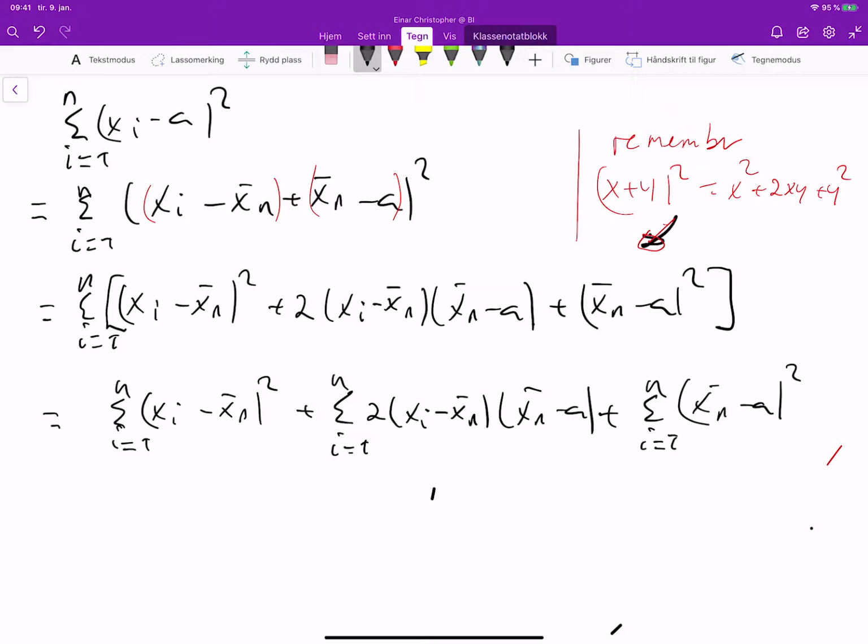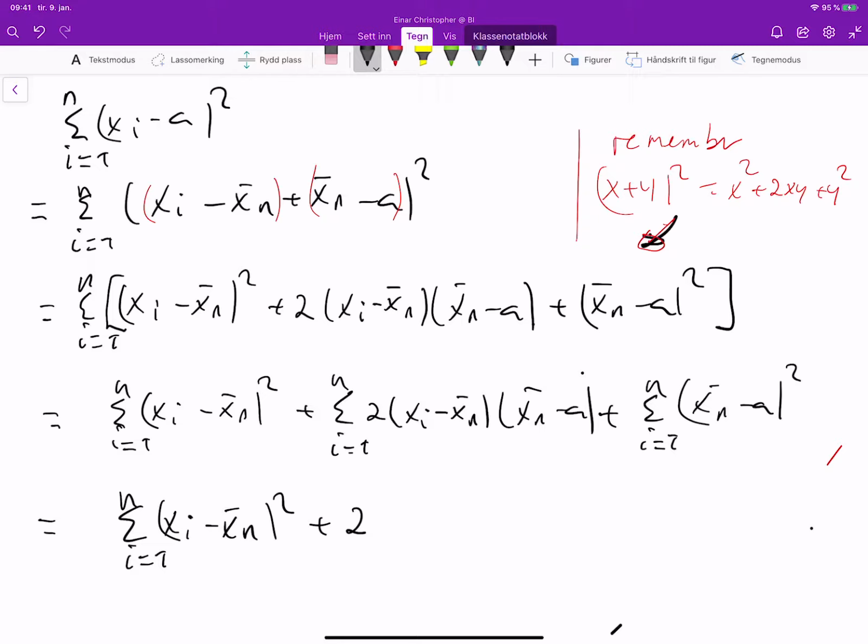So now, manipulating a little here. Nobody can deny me to do like this. Let's first write the sum, i equal 1 to n, of (xi minus x bar n) to the power of 2 plus, and then I take out the constants, because we are allowed to do that when handling sums.